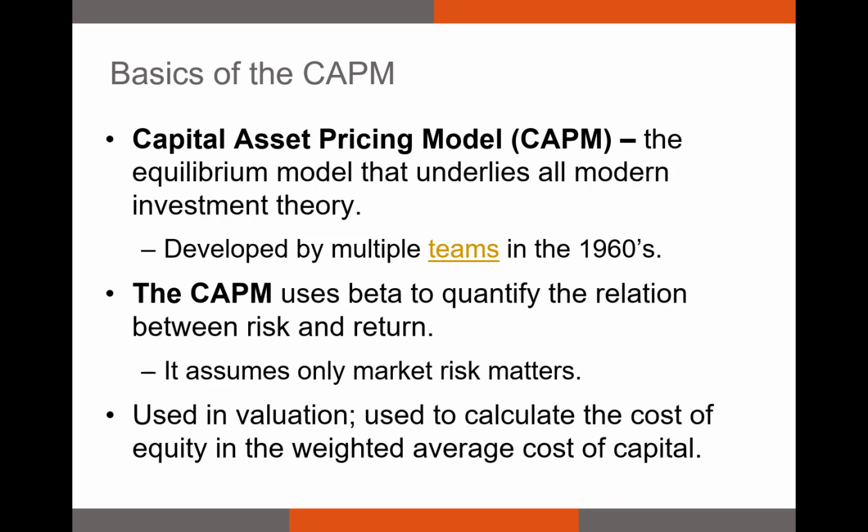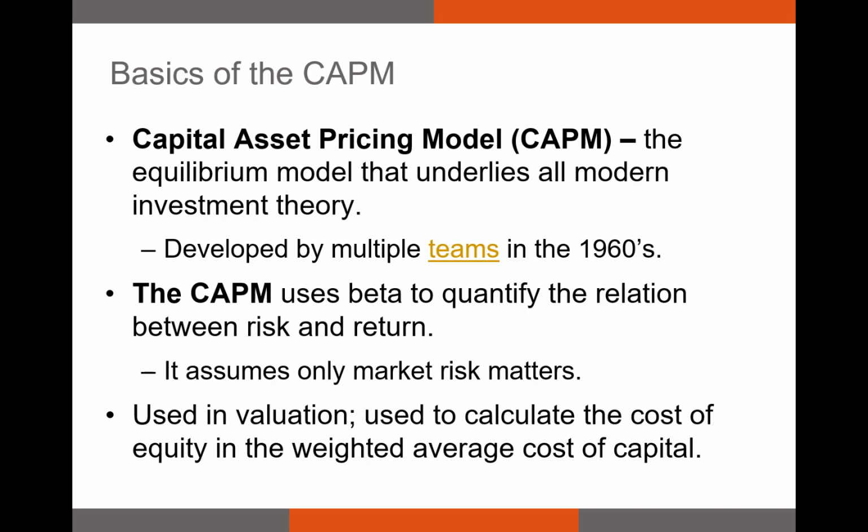Now, the CAPM, developed in the 1960s, was developed under the assumption that investors can build a diversified portfolio of securities using the modern portfolio theory. It assumes that firm-specific or diversifiable risk can be diversified away.